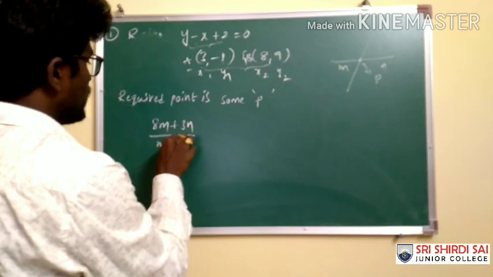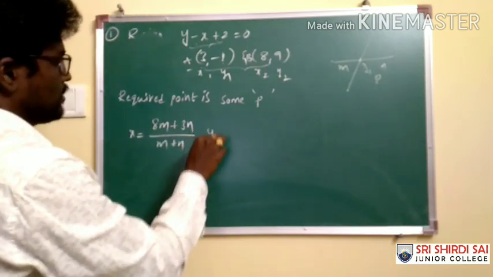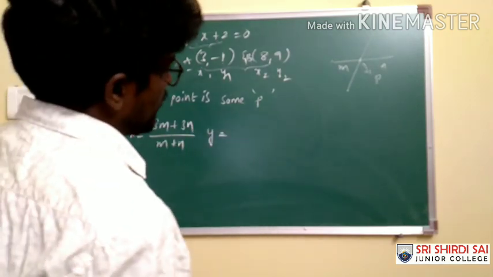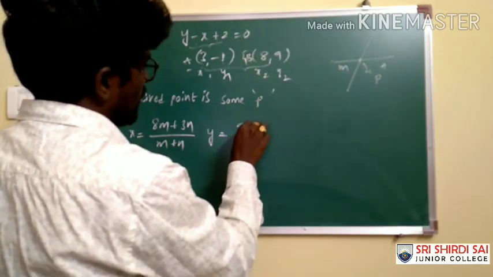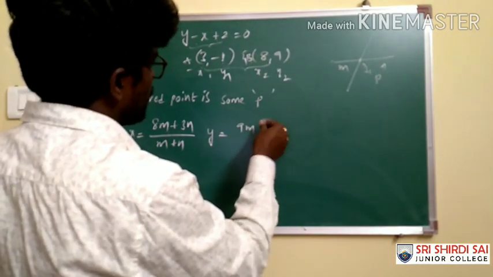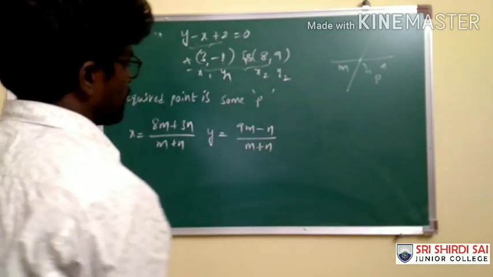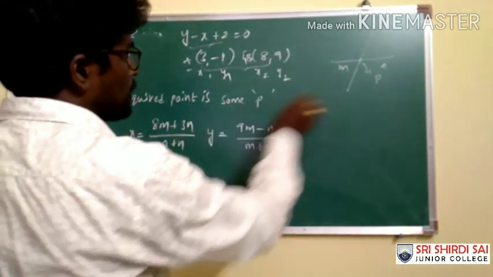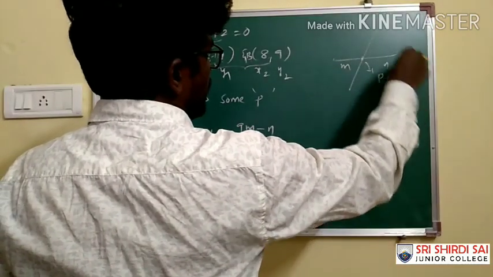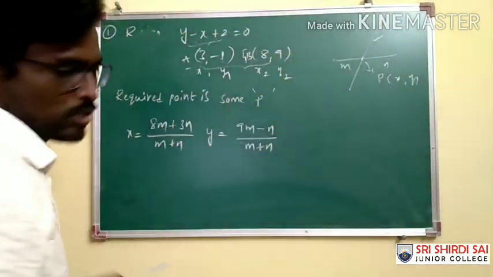This is the x coordinate. The y coordinate is given by my2, that is 9m, plus ny1, that is minus n, by m plus n. This point x comma y should satisfy the line y minus x plus 2 equal to 0 also.